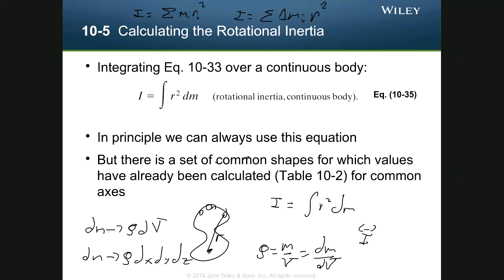Which has 9 entries, A, B, C, D, E, F, G, H, I, right? And you can eventually find that the tensor has to be symmetric so that these 3 entries are equal to these 3 entries, okay? But each of these entries in this matrix, each one is a triple integral. So finding the inertia tensor is hard, and those triple integrals are often not trivial.